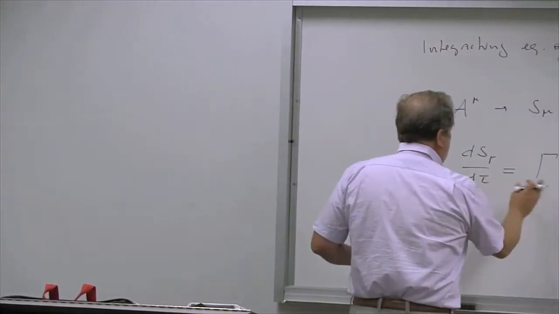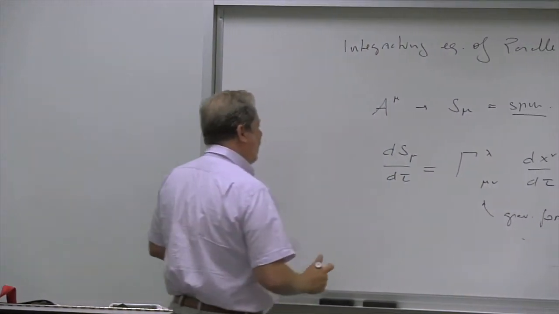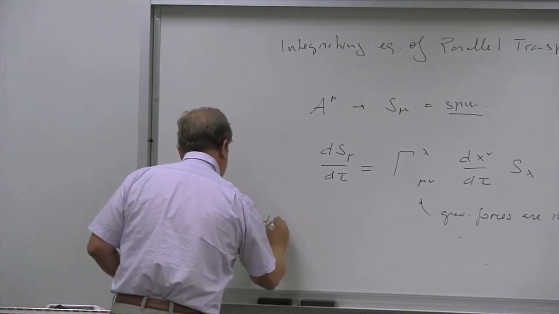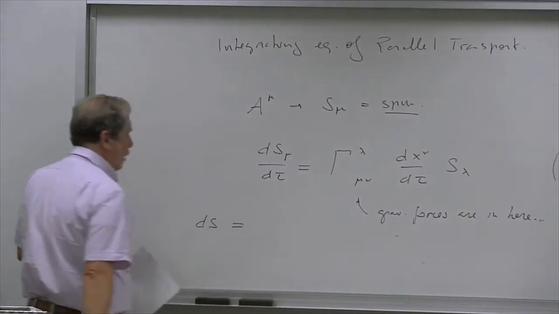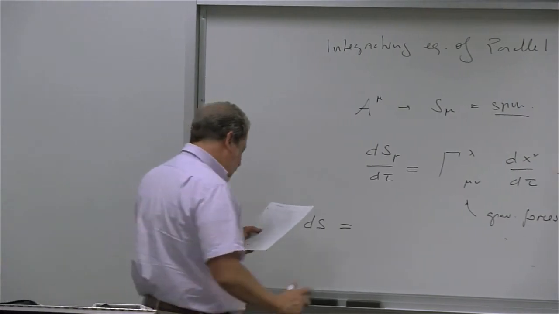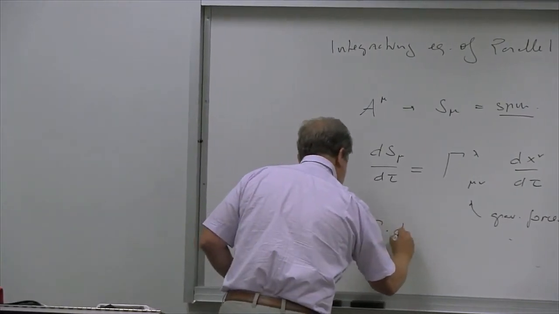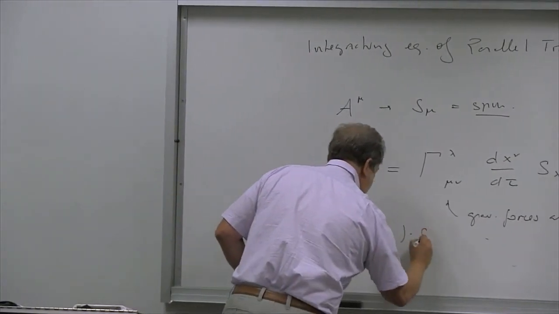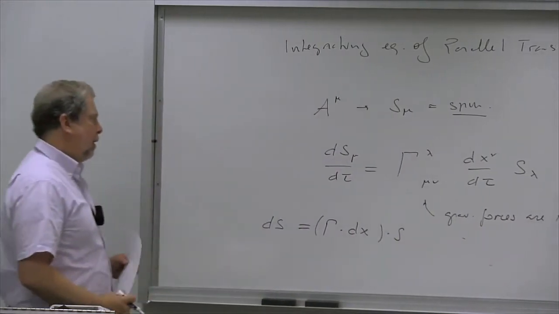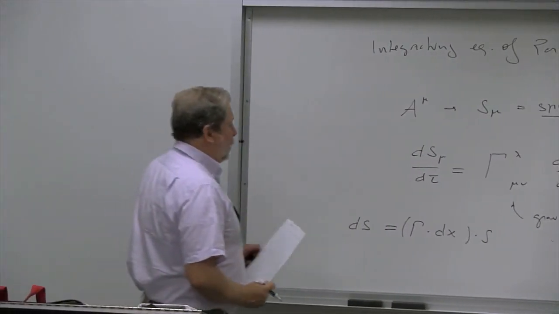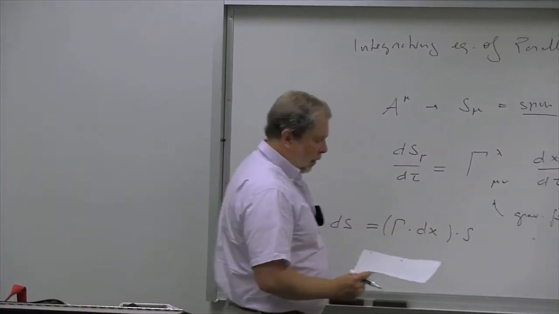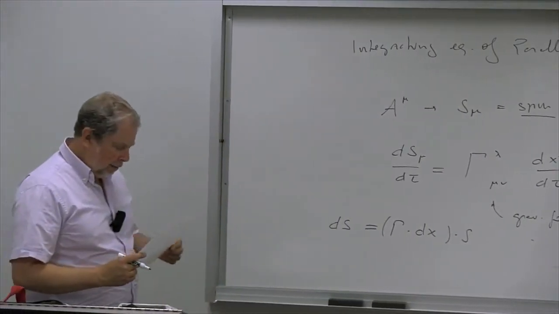So we can multiply both sides by d tau, and write this as dS is equal to gamma times dx times S itself with suitable indices. You see the d tau appears on both sides, so if you want, you can get rid of it.